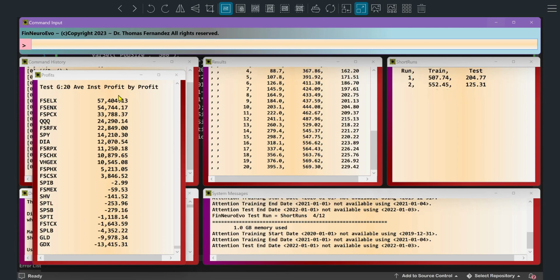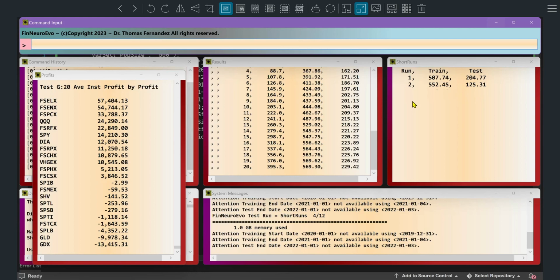So you can see in the current system, it's doing well with the Select Energy ETF and doing poorly with the gold mining ETF. This is just a snapshot. We're going to look at what the parameters are. There's only been 2 runs that have run so far when I took this snapshot.